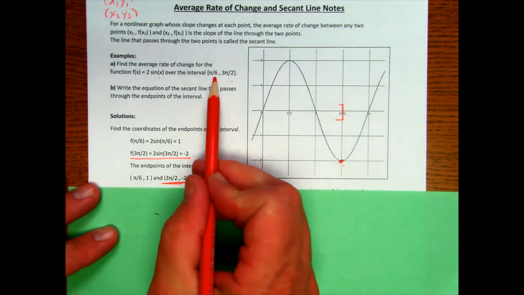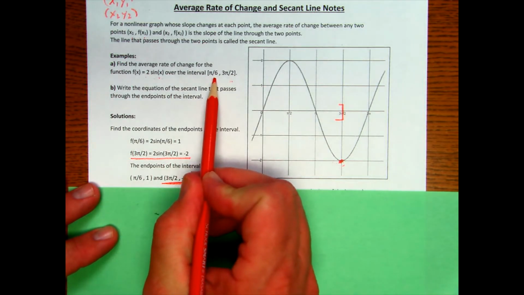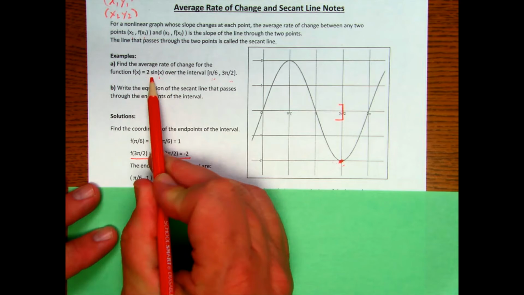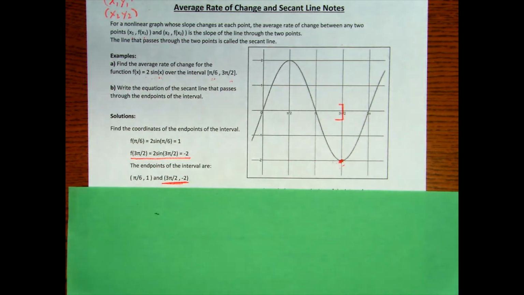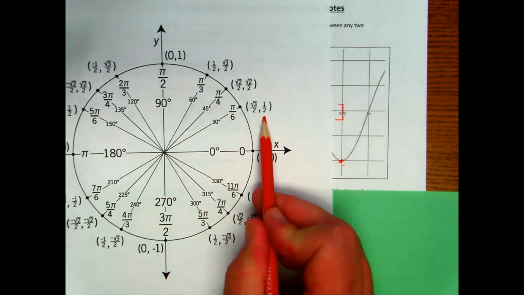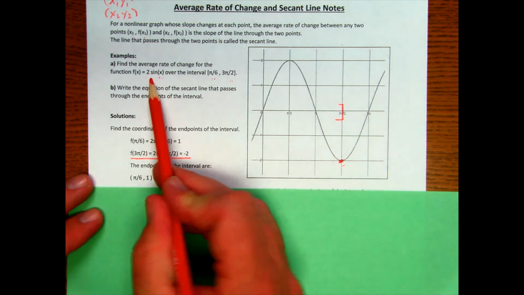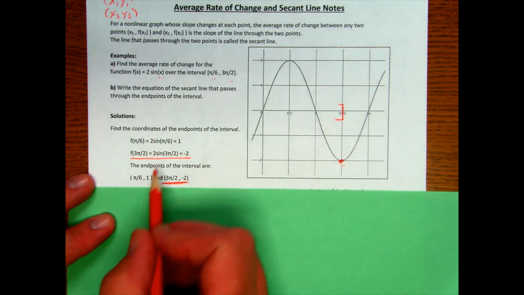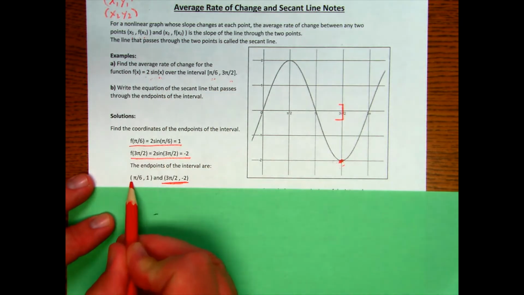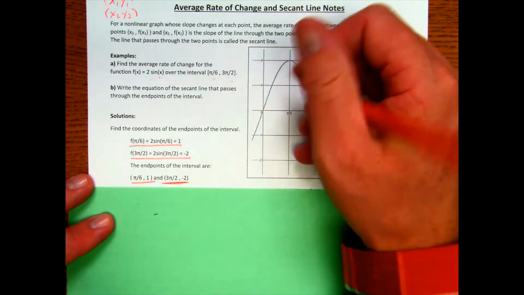All right, we're going to plug in pi over 6 to get the y value for the left edge of our interval. So we plug that in here, sine of pi over 6, that's 1/2. 2 times 1/2 is 1. That makes the left endpoint pi over 6, 1.